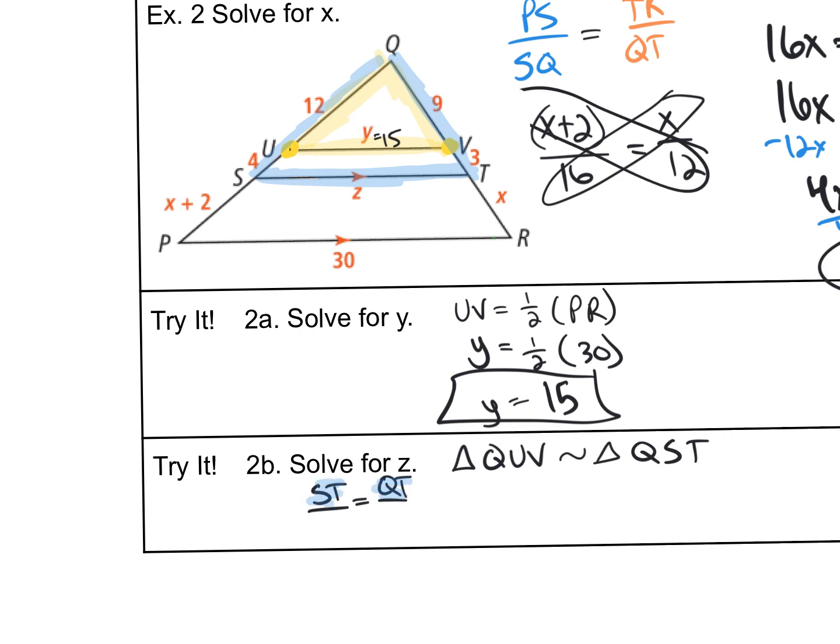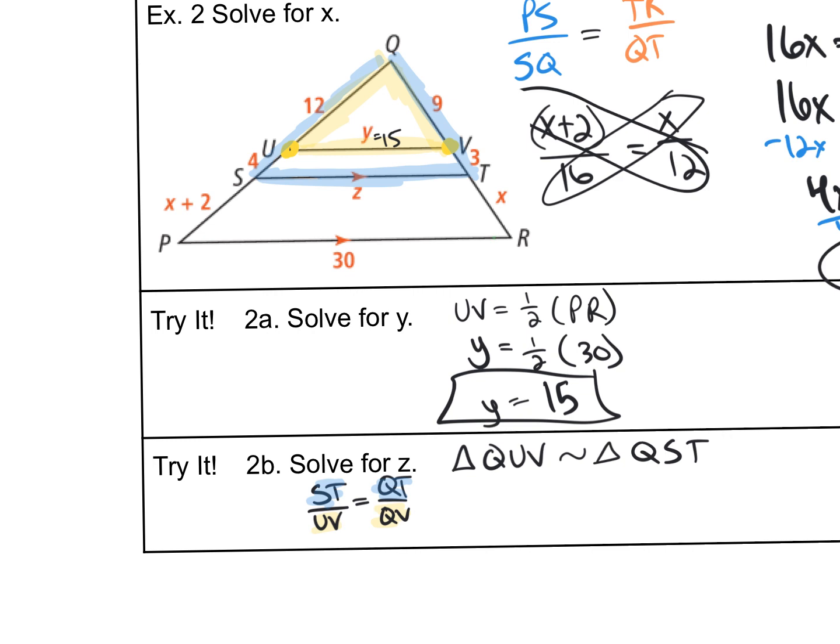Next, we match it up with the corresponding parts for our triangle in yellow. You can do this by looking at the similarity statement. ST would match up with the side UV, and QT would match up with the side QV.